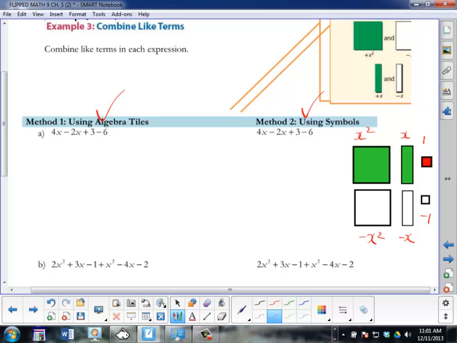So I'm going to go through. We've got 4 x's, so this is going to take a moment to do. You can sketch them on your page as well. Then we've got minus 2 x's.